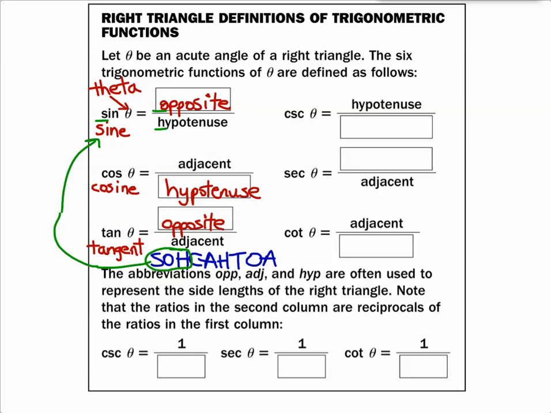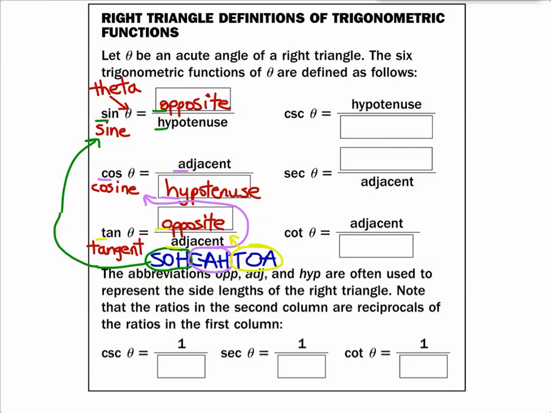That's the SOH. The CAH part in SOHCAHTOA refers to the fact that the cosine is the adjacent over the hypotenuse. And the TOA refers to the fact that the tangent is the ratio of the opposite over the adjacent.